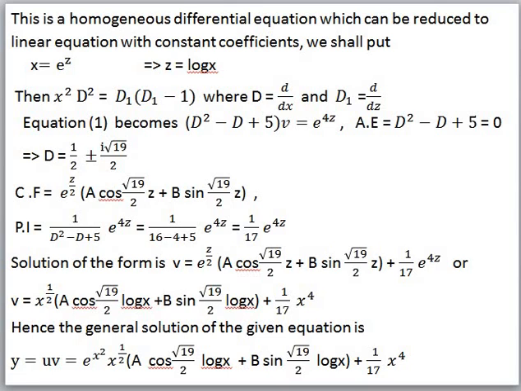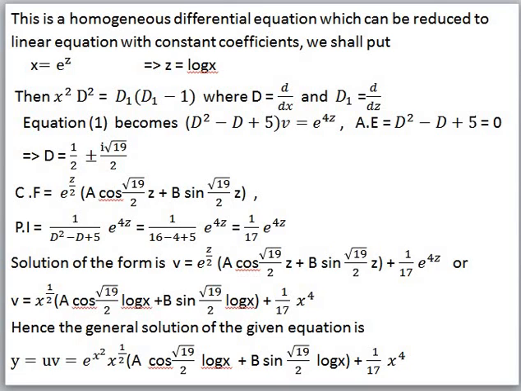Simplifying, D is equal to 1/2 plus or minus i √19/2. So the complementary function is e^(z/2)(a cos(√19/2 z) plus b sin(√19/2 z)). The particular integral is 1 divided by (D² minus D plus 5) on the right hand side e^(4z).